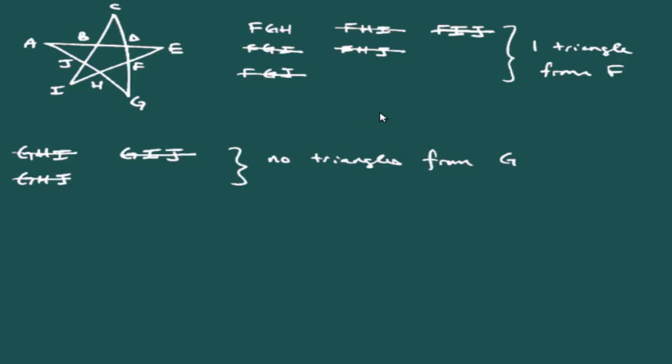Only one triangle is going to come that has the smallest vertex being F. For the 3 possibilities for triangles with the smallest vertex G, none of those turn out to work. And then finally, with the smallest vertex in our triangle being H, there's only one possibility, HIJ, and sure enough, HIJ does work as a triangle, so we've got that one possibility from there.